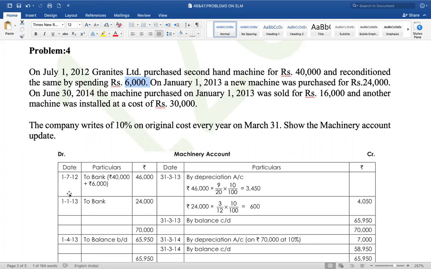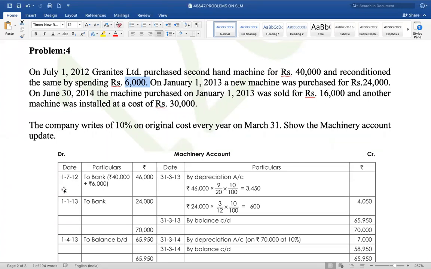The financial year starts on the first day of April and ends on the last day of March of the next calendar year. So 1/7/12 means the financial year starts with 1st April 2012 and ends on 31st March 2013, right?